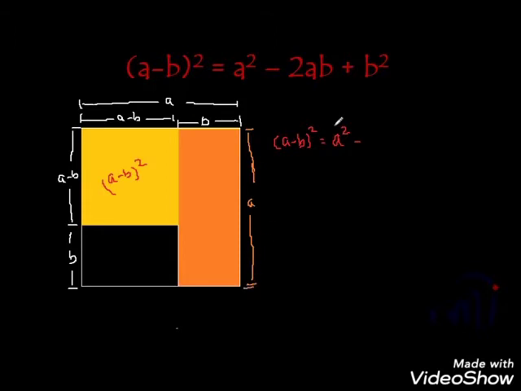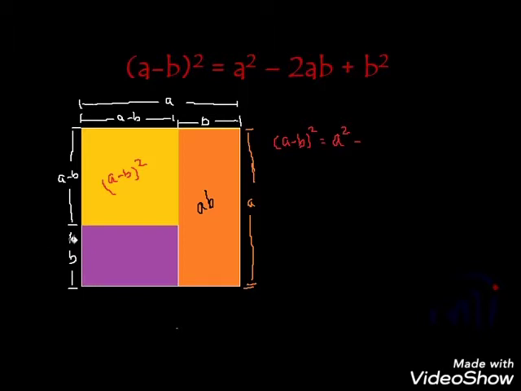So what will be its area? Its area will be a multiplied by b, right? The area of the rectangle is length by breadth. So the area of this orange rectangle will be a multiplied by b, right? And then we have one more rectangle over here, which I am going to color in purple.